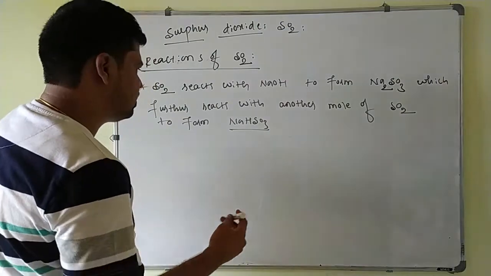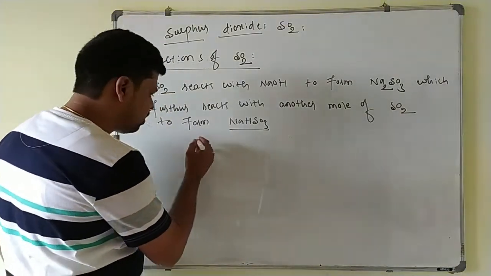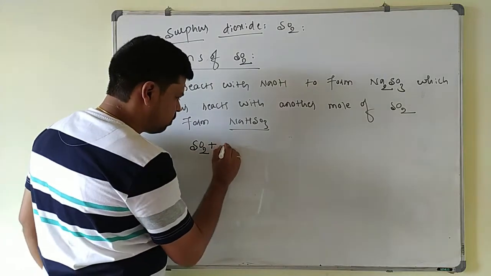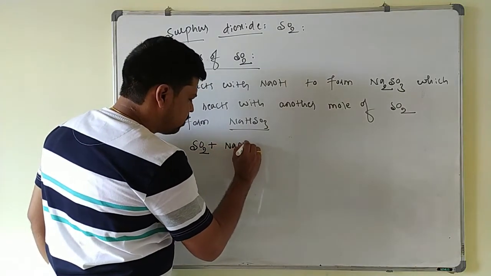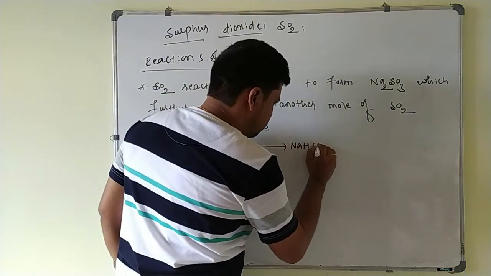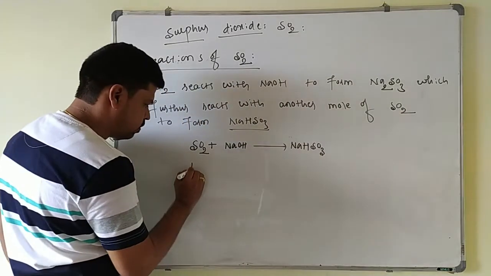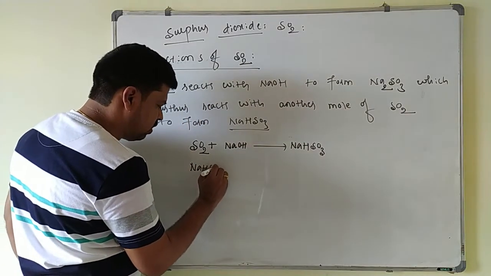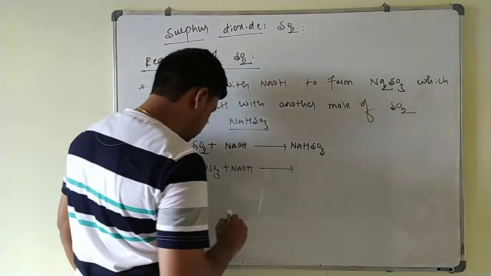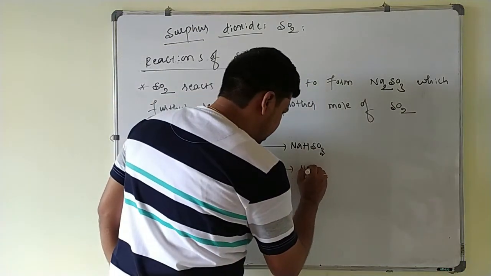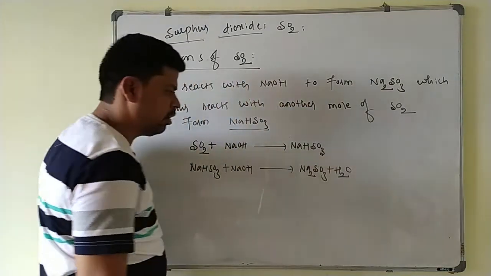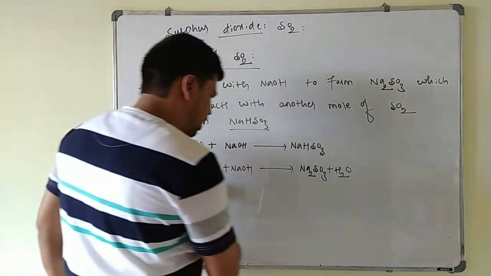So very simple logic is there behind this one. Simply this SO2 reacts with NaOH to form NaHSO3. So this NaHSO3 again reacts with another mole of NaOH to form sodium sulfite, Na2SO3 plus water molecule.